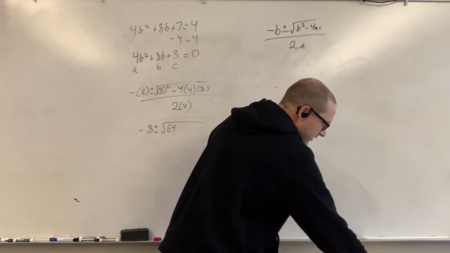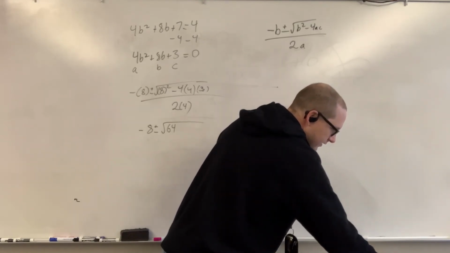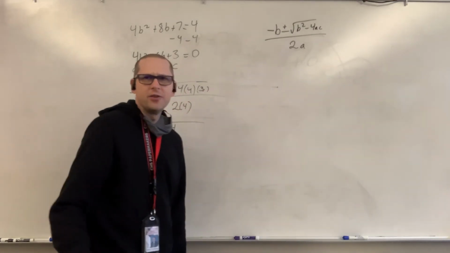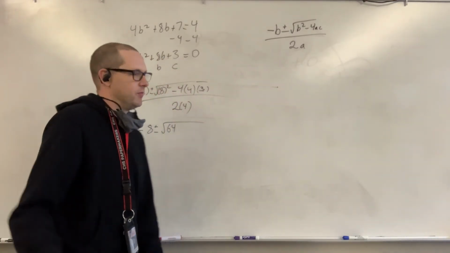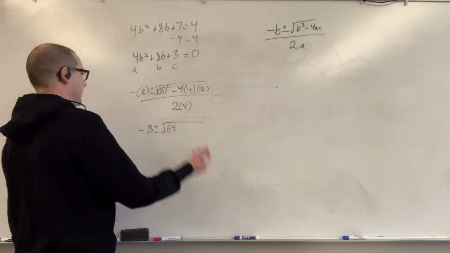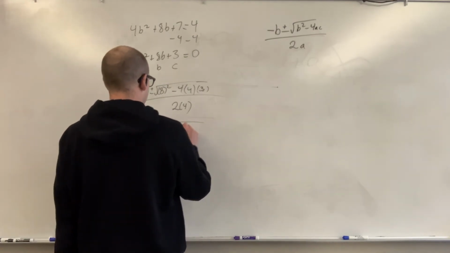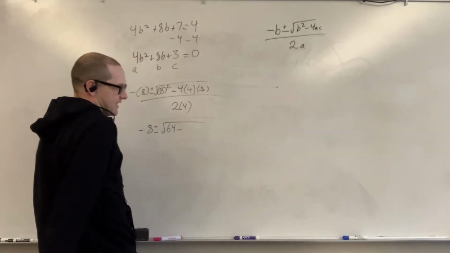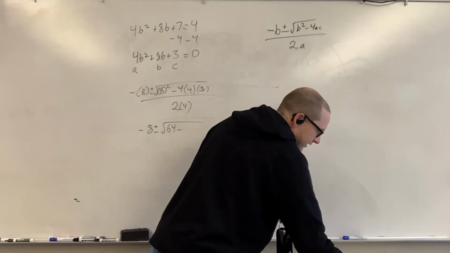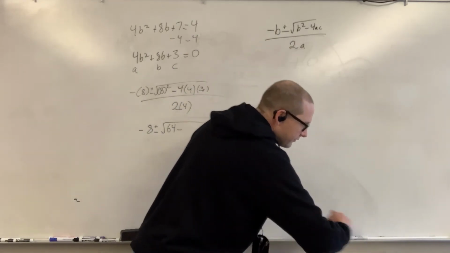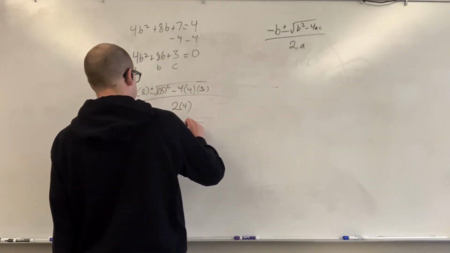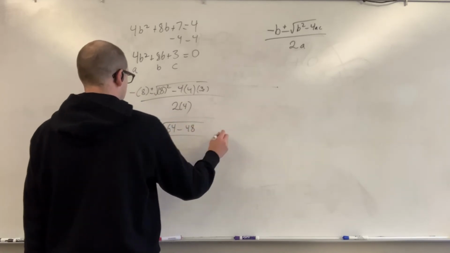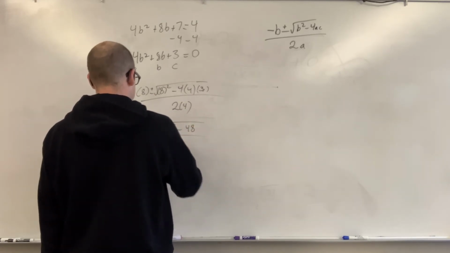When in doubt, open a calculator. Look who remembers his timetables. This guy. All right, 64 minus 4 times 4 is 16 times 3. And 16 times 3 is 48. 64 minus 48 over 2 times 4 is 8.